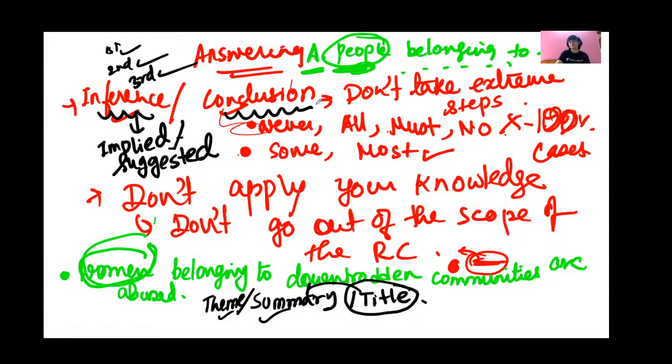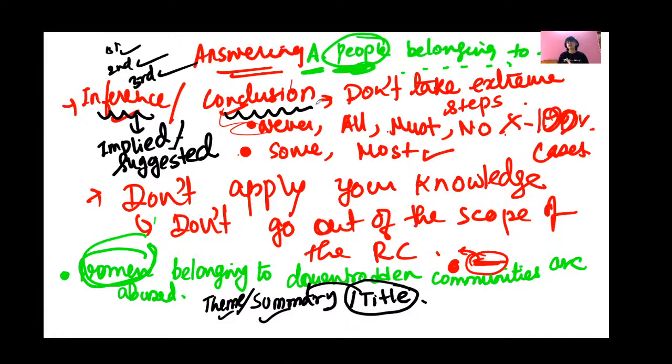Like, if a passage has been given on testing drugs and testing cosmetic items on animals, you know, on animal testing that happens in labs, then you can draw a conclusion from that passage.